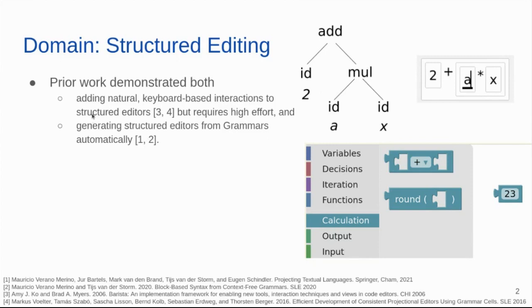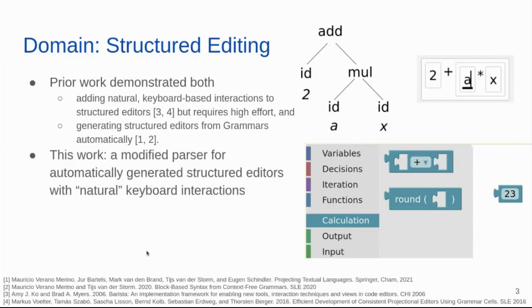For one, adding natural keyboard-based interactions is possible, but in prior work usually required some degree of effort, varying depending on the types of interactions and frameworks you were using. And secondly, generating structured editors from grammars is possible automatically.